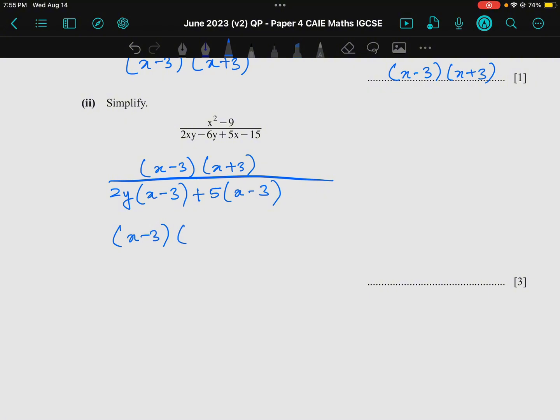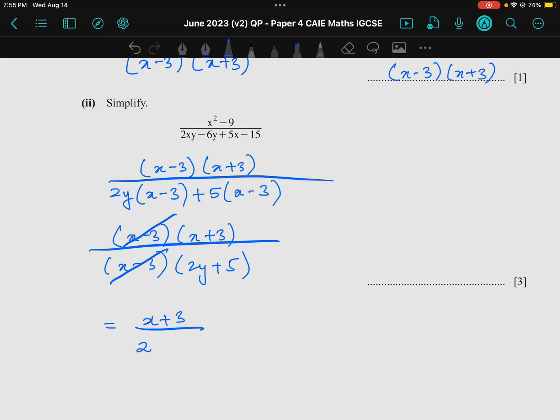So numerator x minus 3, x plus 3, denominator x minus 3 and 2y plus 5. So x minus 3 will cancel out. So your answer is x plus 3 upon 2y plus 5. x plus 3 upon 2y plus 5 is the answer.